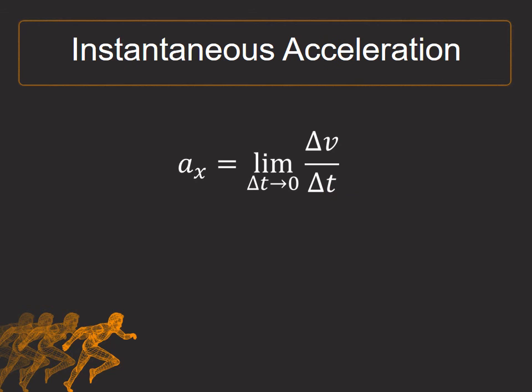Okay. Instantaneous acceleration is also as what instantaneous velocity is. It is the limit of the delta v all over delta t, or the limit of the average acceleration as delta t, or the time, approaches 0.